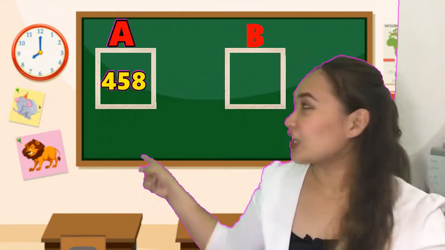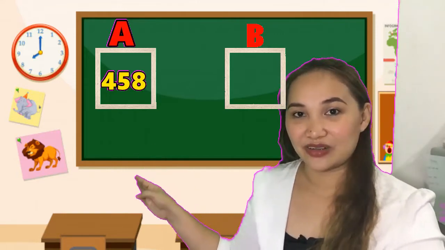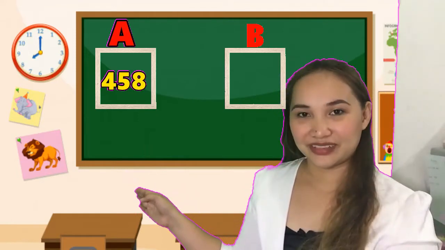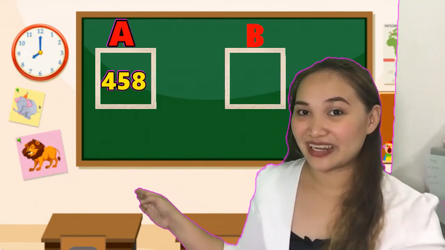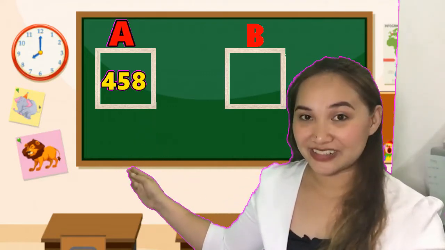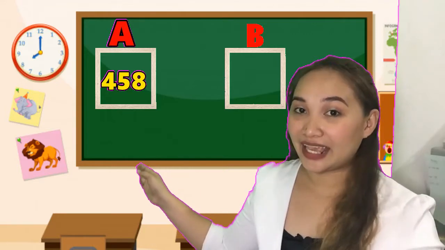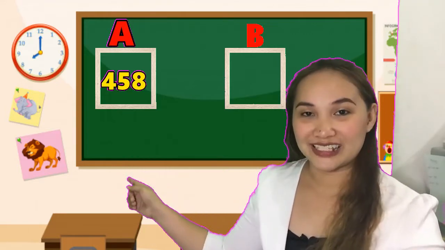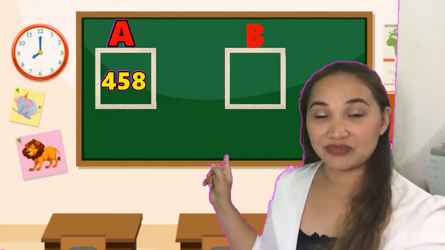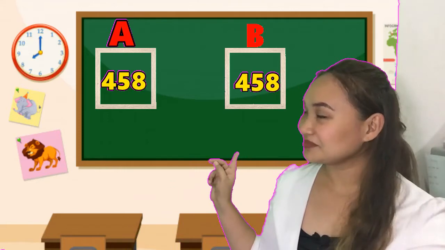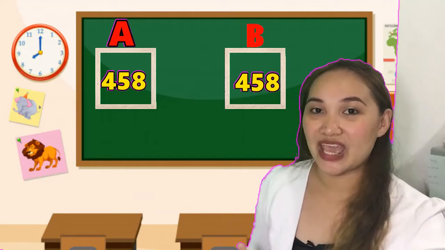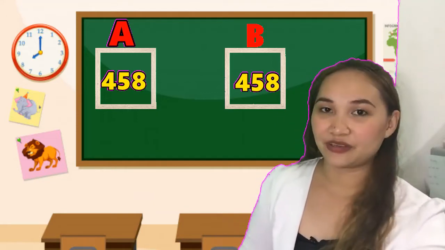Another example. Can you read what number is inside our box A? Very good. You've learned a lot from our lesson last week. We have 458. Very good. How about our box B? All right, 458. Very good.